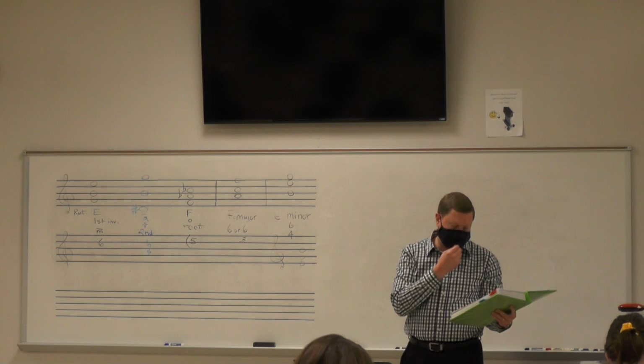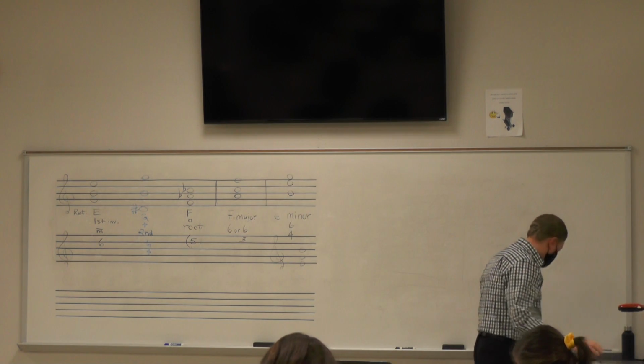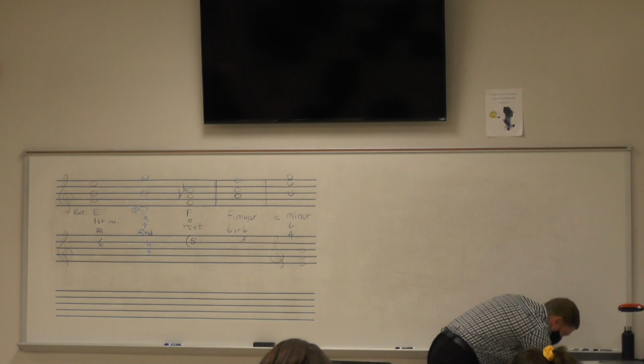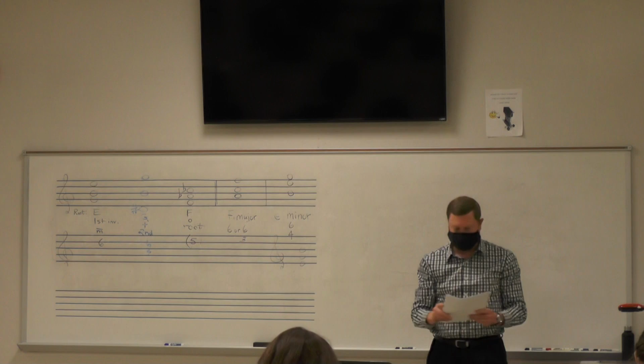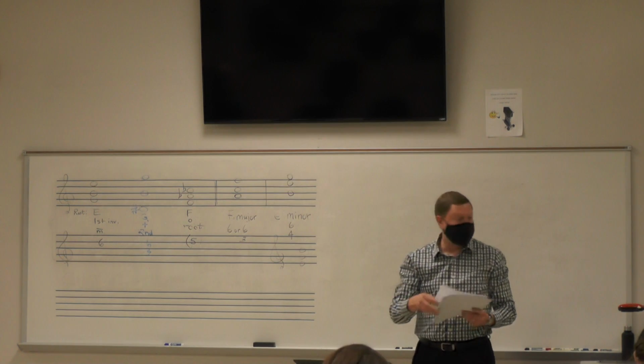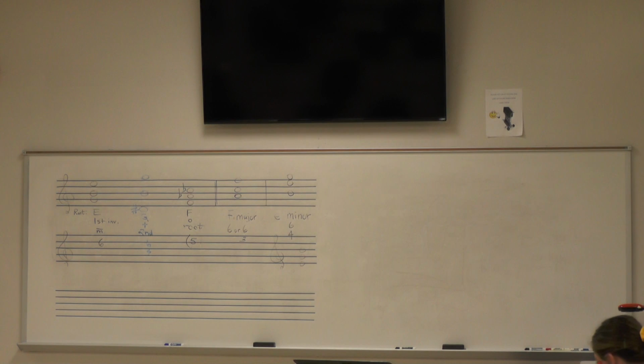And then, in addition to that, I've got a handout for you here to give you more comprehensive practice on triads. So it's this handout plus those few problems in the workbook. And this will be for Monday.